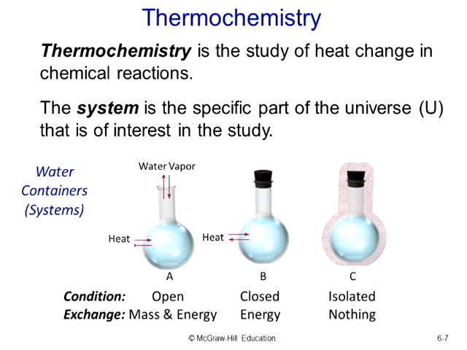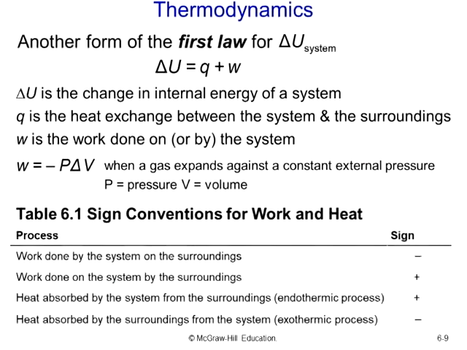Energy can be transferred from the system to the universe, or the system can be isolated from the universe. Thermodynamics allows us to study the laws of thermodynamics in such a way that we can understand the heat values and the work done by the system or on the system.